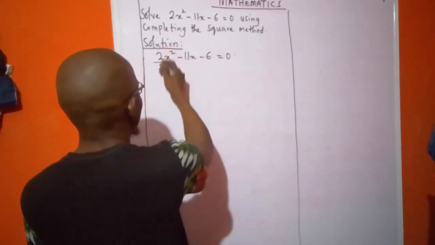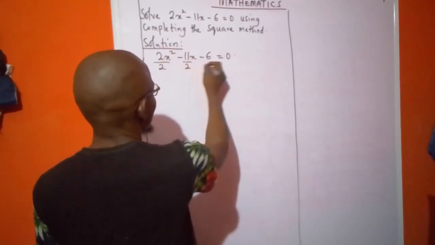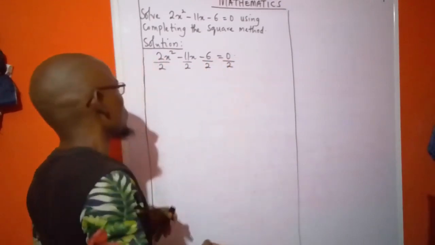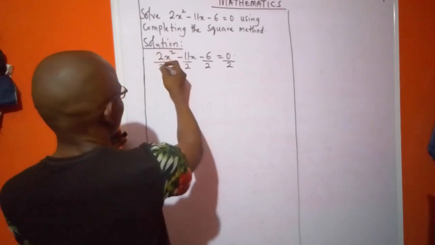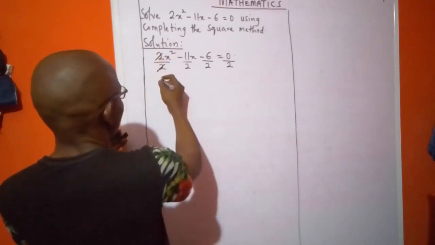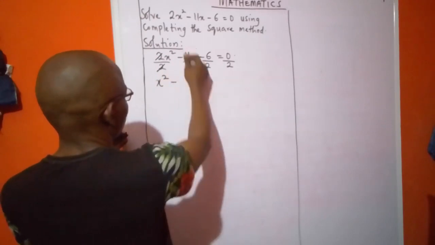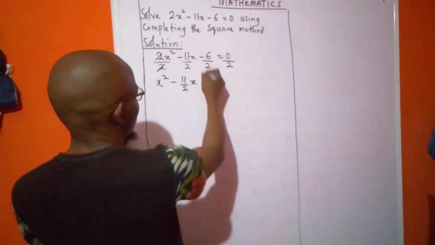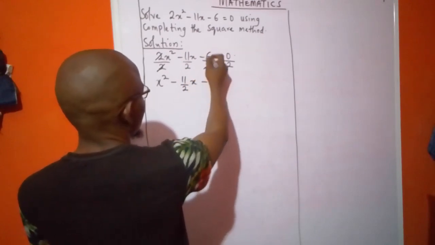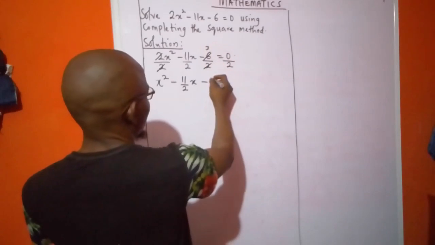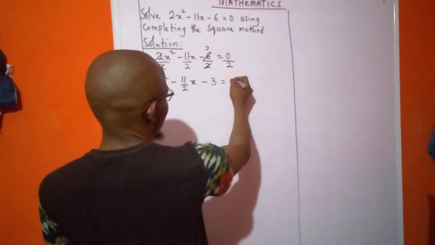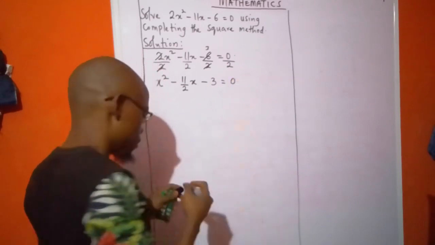So we divide this by 2, this by 2, this by 2, and this by 2. So we are left with x squared minus 11 over 2 x, then minus 3 equals 0, since 0 divided by 2 is 0.